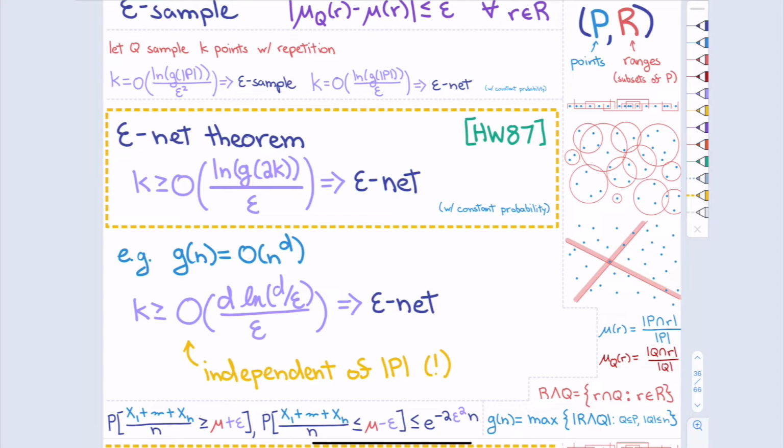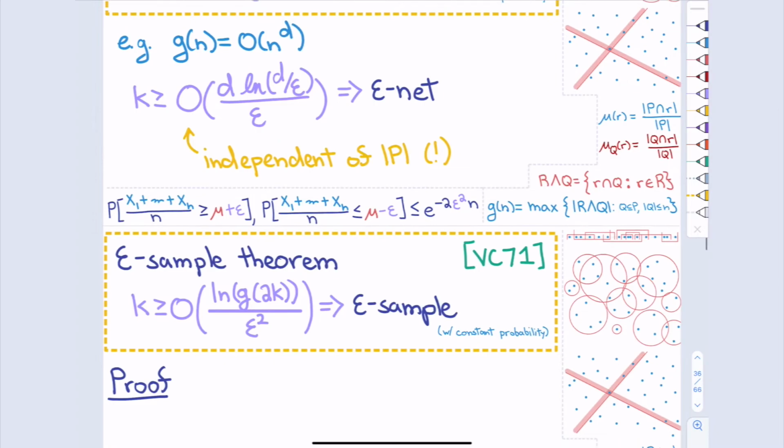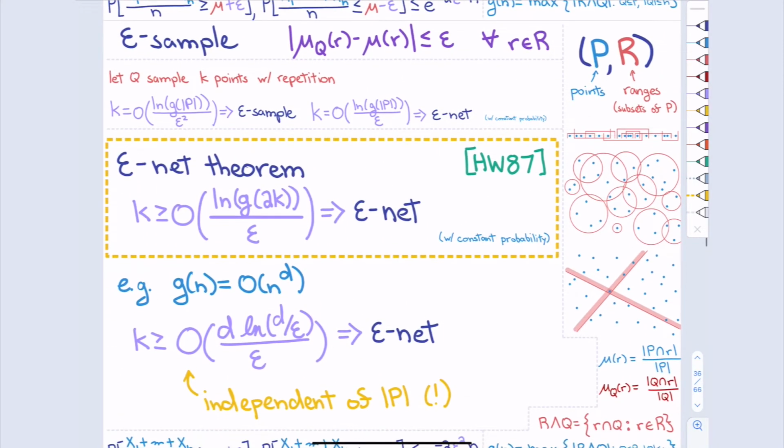All right. Okay, so those are the two main theorems that I wanted to introduce, and we're just going to prove the first one, okay? Because the second one, the epsilon net proof, is kind of similar in structure, and it's going to end up being a homework problem, but not for a long time because of how the schedule works out.